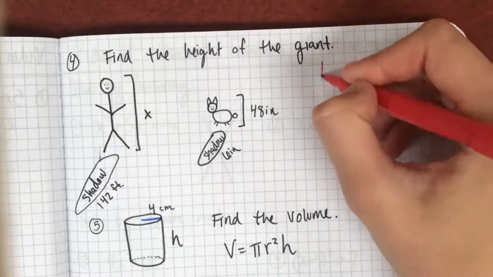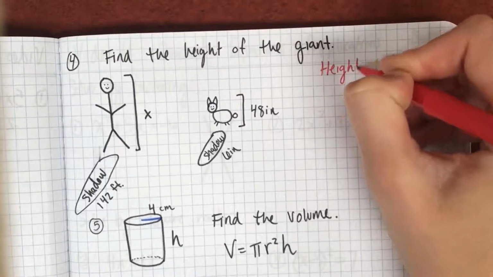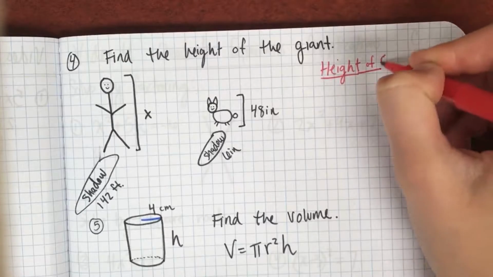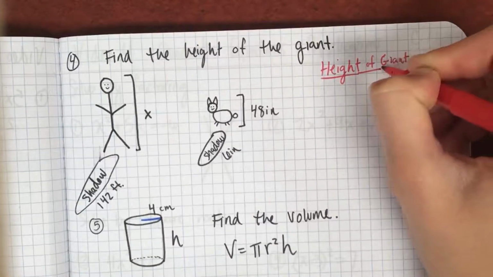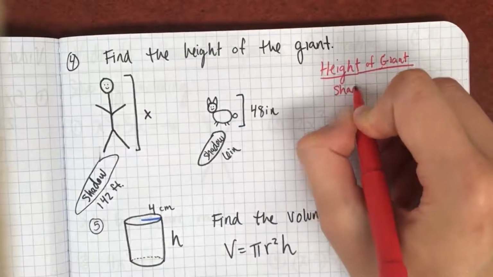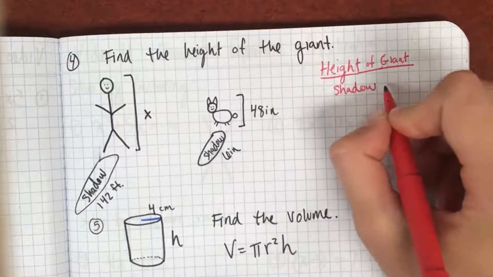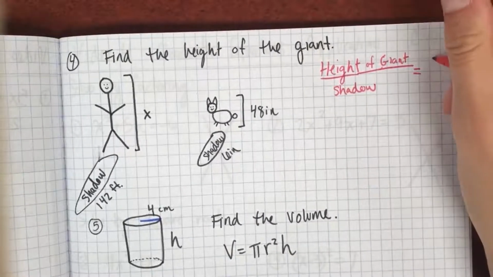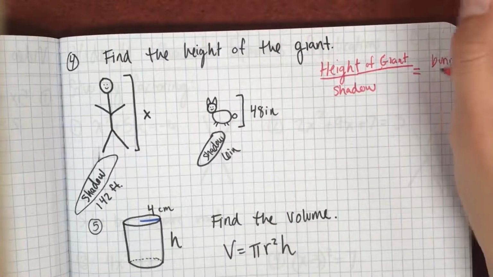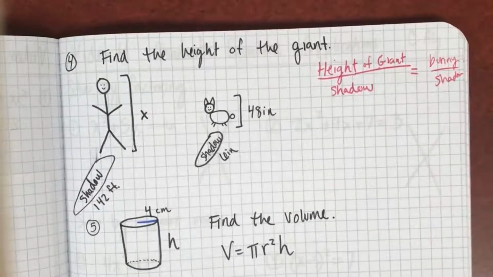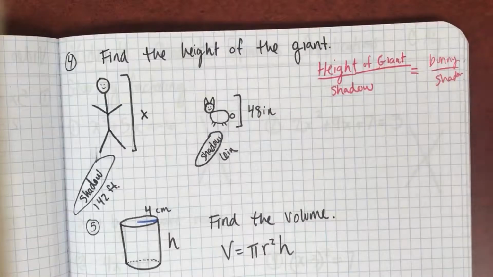I'm going to say my height of giant over its shadow length, let's make that equal to the height of the bunny over its shadow. And with that proportion, then we can solve.